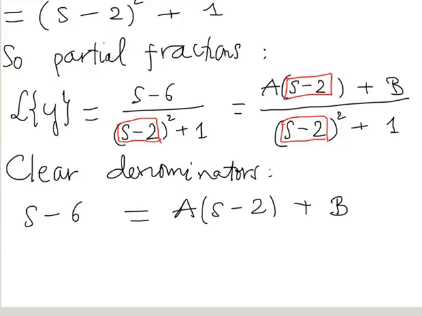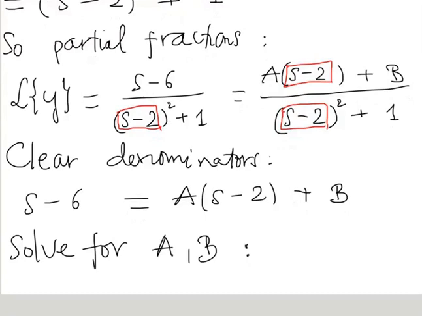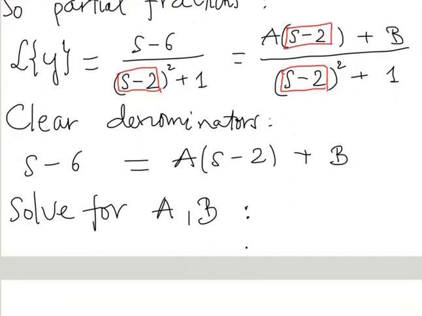Then we can solve for a and b. You can use any method you prefer here. You can distribute in and equate the coefficients, or you can set special values, say s equal to 2. Then you can have the value of b, and then s equal to 0 to solve for a, whichever way will work. So, it turns out a is 1 and b is minus 4.